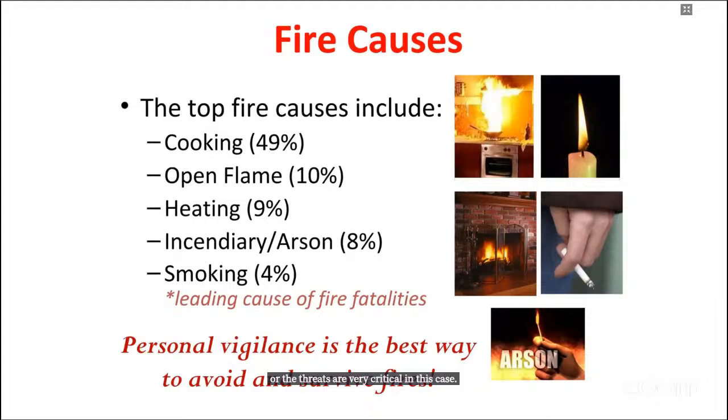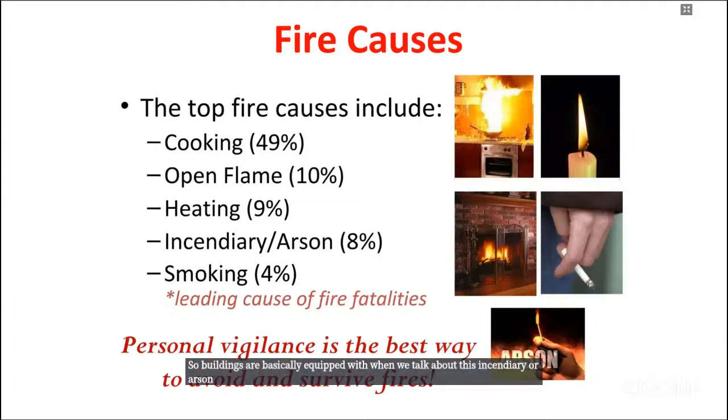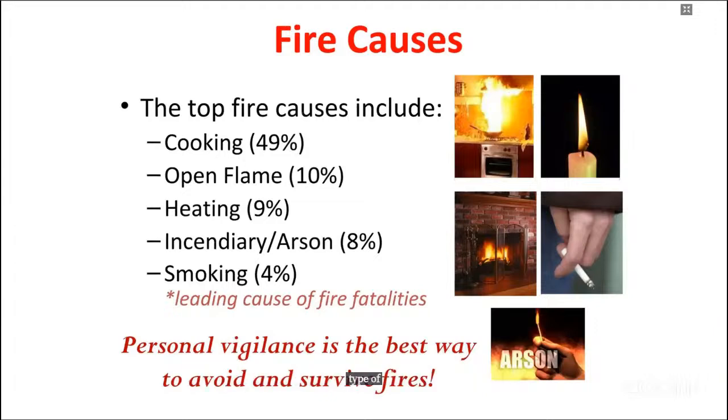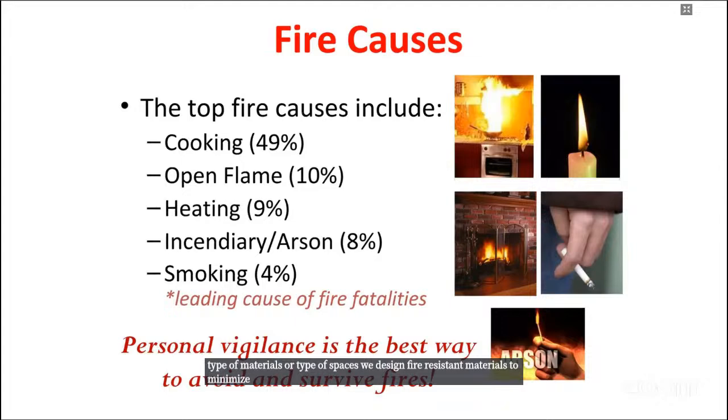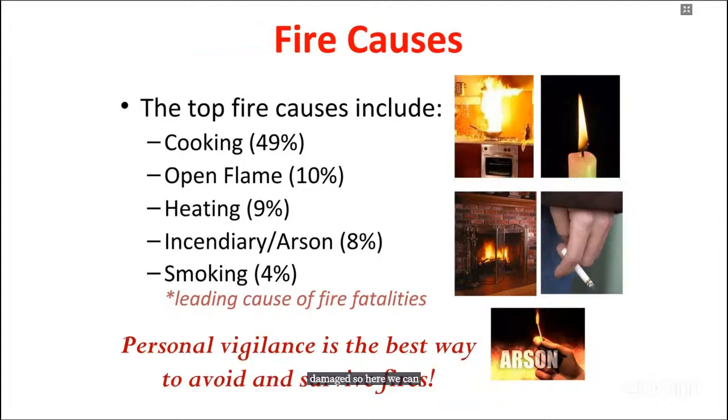So buildings, when we talk about this incendiary or arson type of materials or type of spaces, we design with fire resistant materials to minimize damage. So here we can use detection systems. I'll tell you one thing.